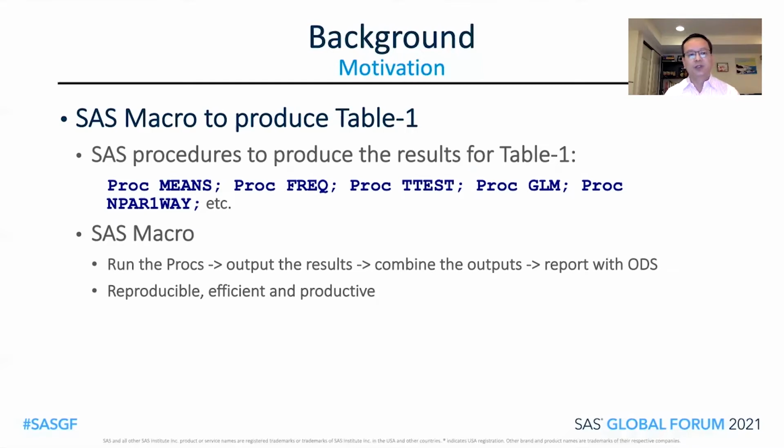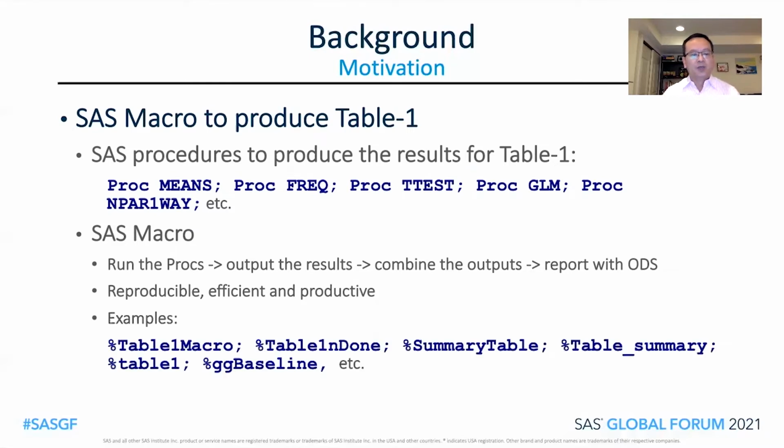So this kind of macro is very useful in that it dramatically enhances your productivity, and also it's good for reproducible research. And there are quite a few such macros published. You can find them, for example, the Table One macro or GG baseline, etc.